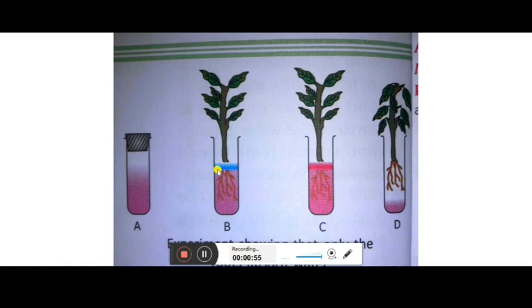It has oil on it, so that the oil will float over the water and prevent the water loss through evaporation.